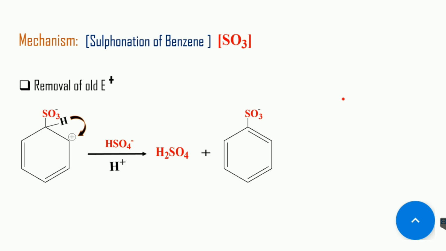Okay, now we just have to neutralize this thing, because it is carrying one extra electron with it. So we have to neutralize this extra electron by using another electrophile, that is H3O plus. We have already used our SO3 as an electrophile the first time because it's a polar electrophile.